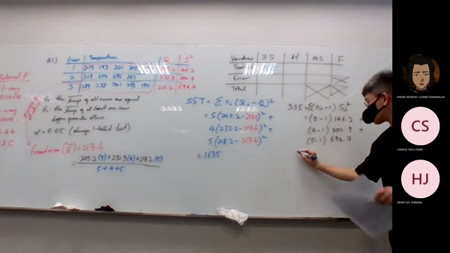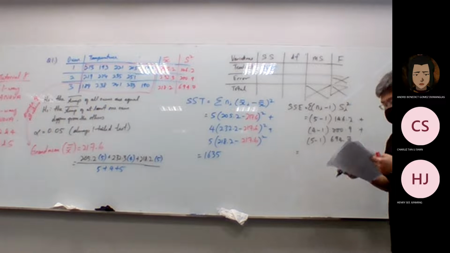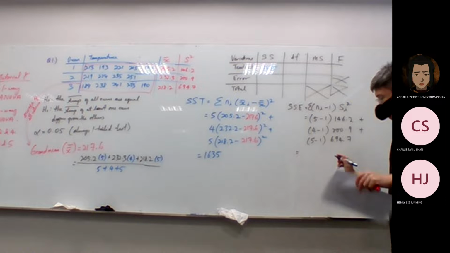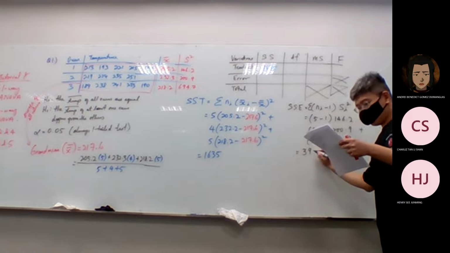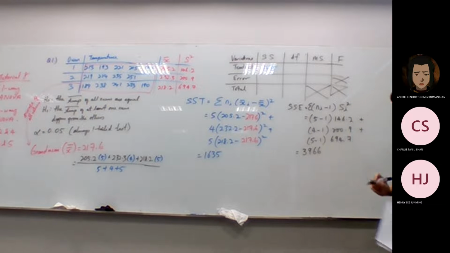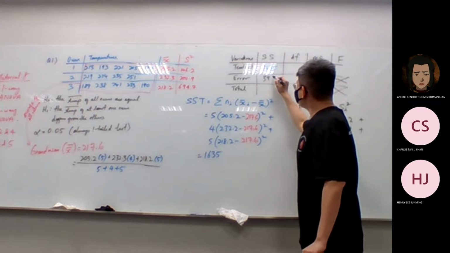Okay. So then you end up with this number, 3966. We put in 3966 here.